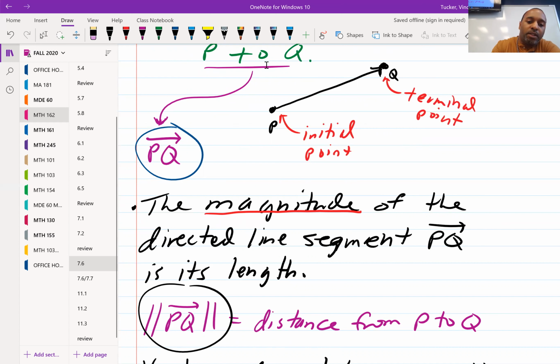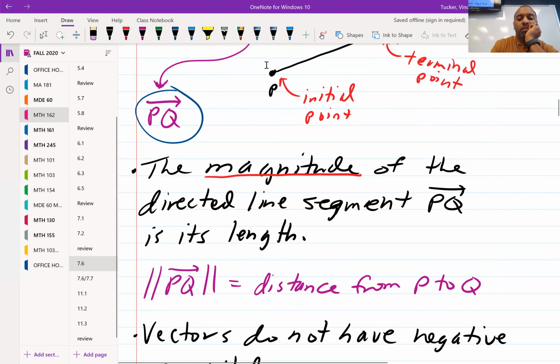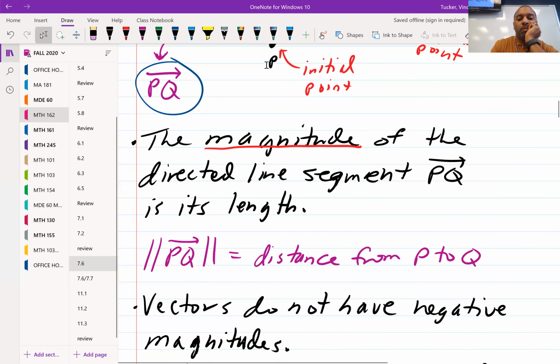We have the double lines on each side of P and Q. That represents the magnitude. We're not going to have any negative magnitude. So if you end up with a negative magnitude, somewhere we're wrong.